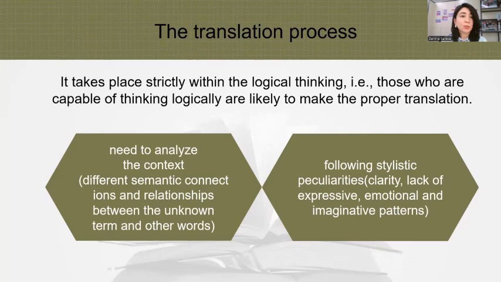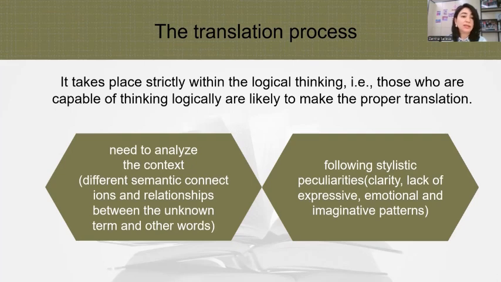So let us discuss the translation process. It takes place strictly within logical thinking. So those who are capable of thinking logically are likely to make a proper translation. In scientific technical translation, we could consider two analyses. The first is the need to analyze the context, and the next peculiarity that we should follow is stylistic peculiarities.